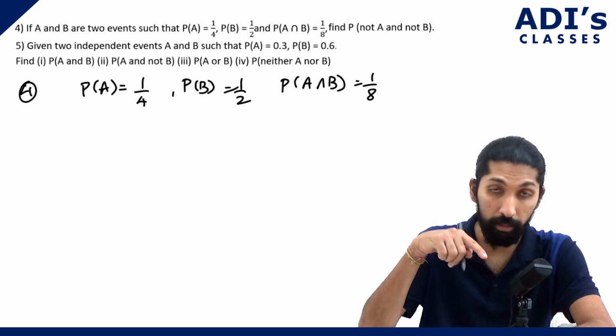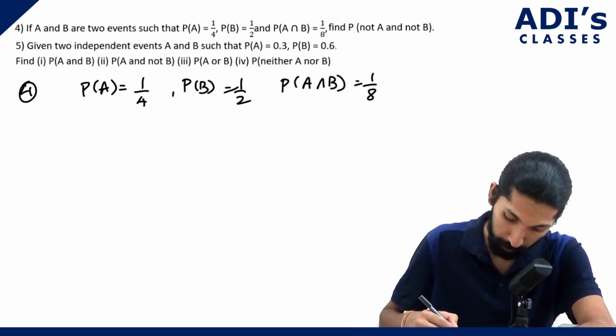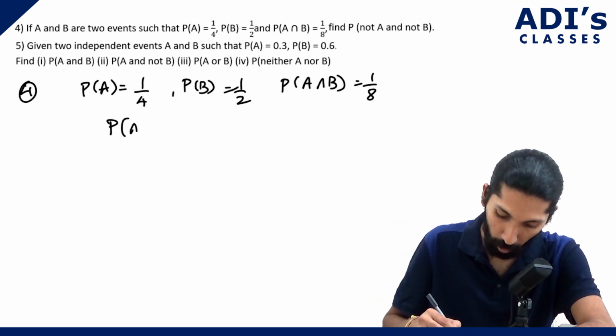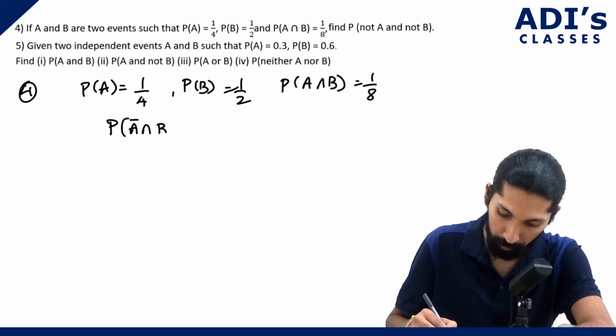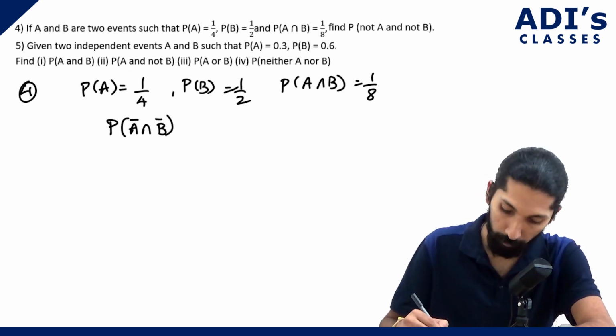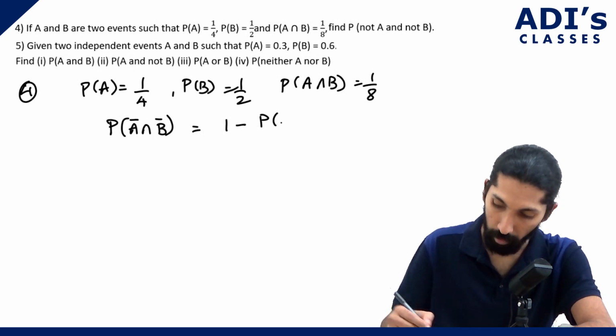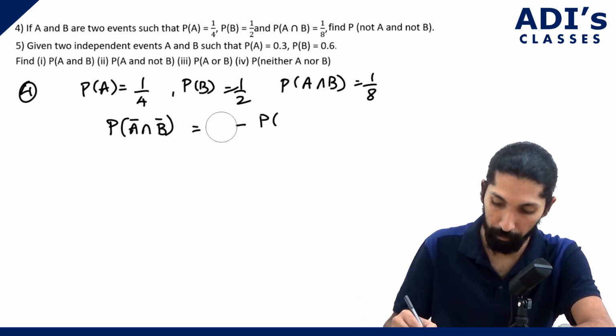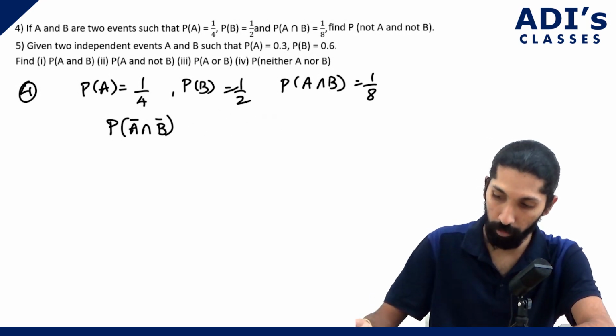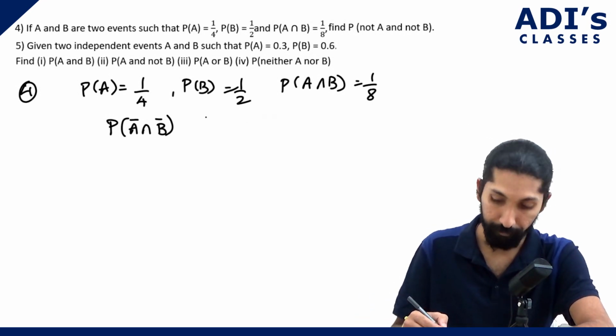So P of not A and not B, that's basically P of A complement intersection B complement, or we can also say 1 minus P of, okay, so we'll look into the De Morgan's law part later, but for now we can just look into this one.